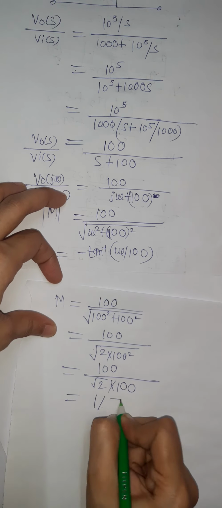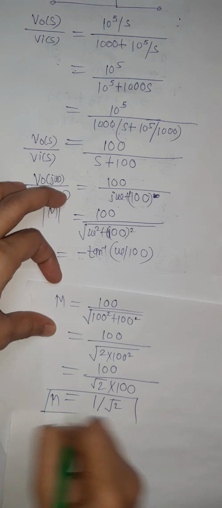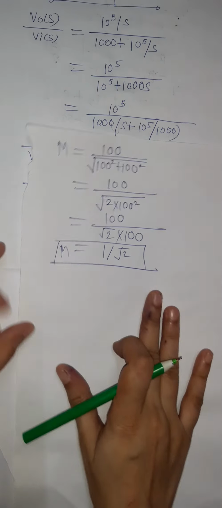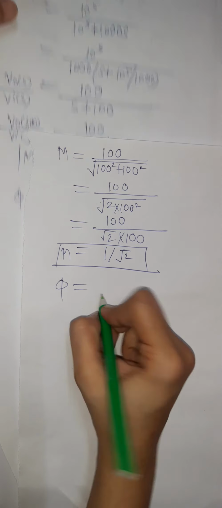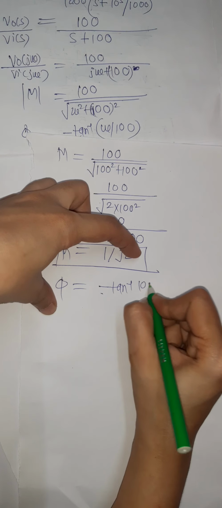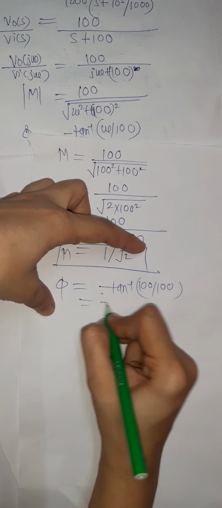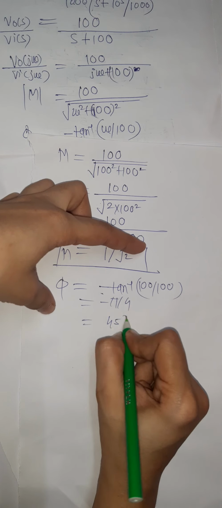So the magnitude will come out as 1 upon root 2. And the phase is minus tan inverse of 100 by 100, which is minus pi by 4, that is 45 degree.